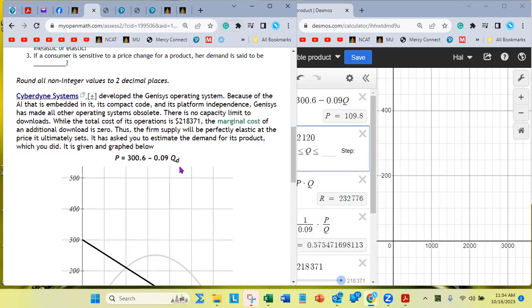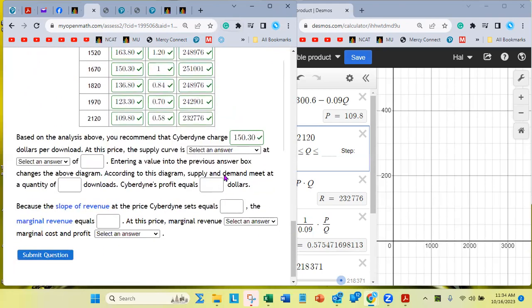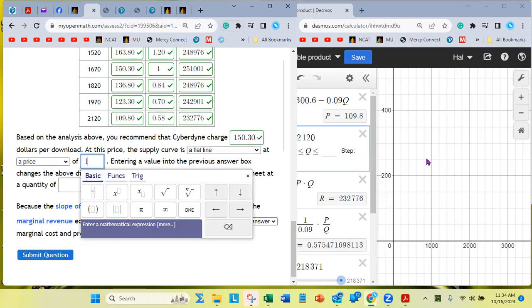We're picking the price where our elasticity is 1, right? That's our price. So our supply curve is a horizontal line. The supply is perfectly elastic at this horizontal line of 150. Is a flat line, perfectly elastic at a price of 150.30.